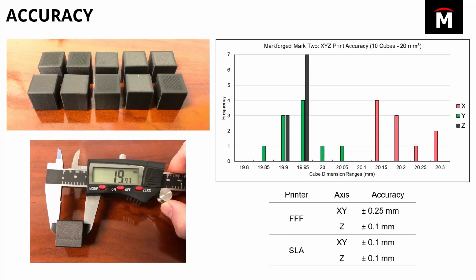And so just generally speaking, in terms of an FFF printer, just like what we saw from our data, that XY axis, you're going to see an accuracy range of like plus minus 0.25 millimeters, and a Z-axis of like plus minus 0.1 millimeters. Versus like SLA, you're going to see an XY axis and a Z-axis of about plus minus 0.1.